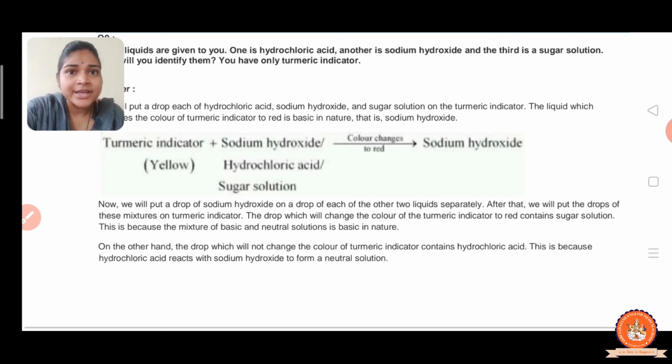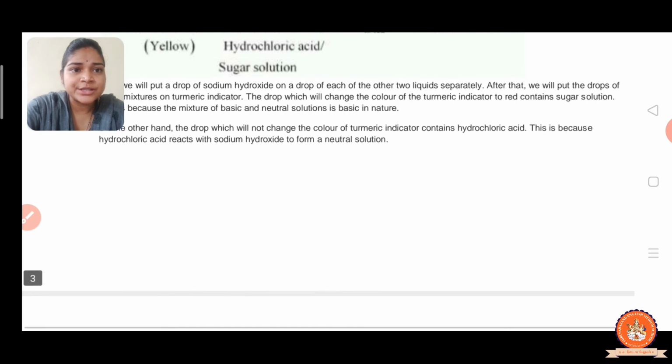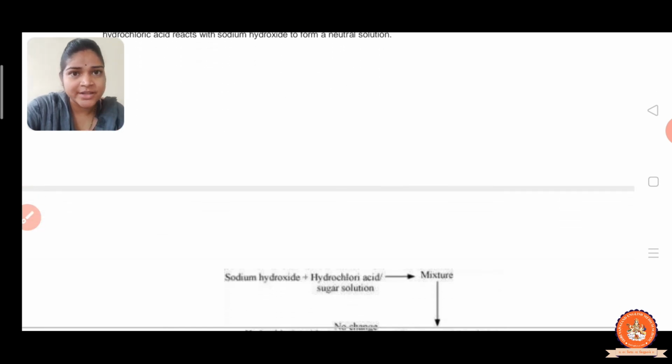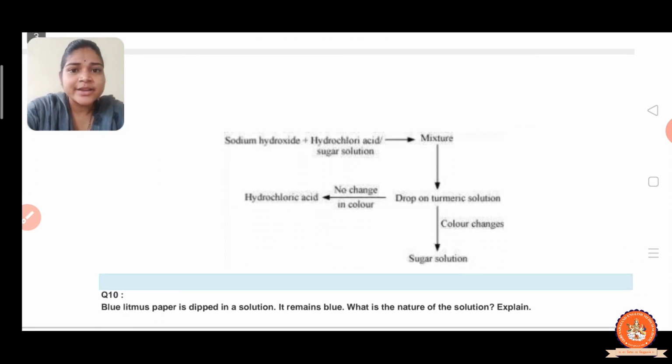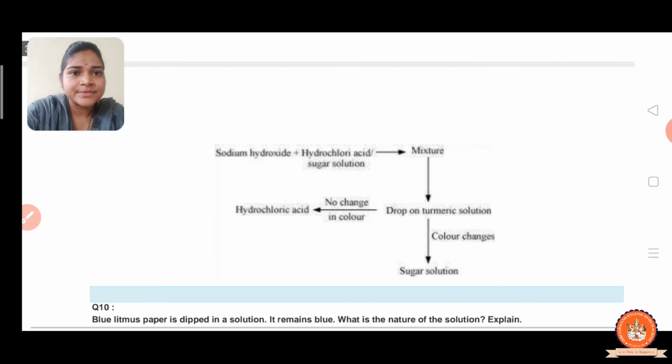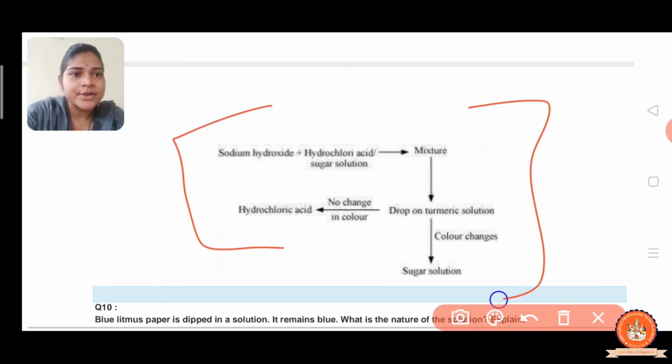So when we test it on the turmeric paper, it turns red. It means it is basic in nature. So that's why we can find the sugar solution, right? And the remaining one is the hydrochloric acid. Here the data is given to you.